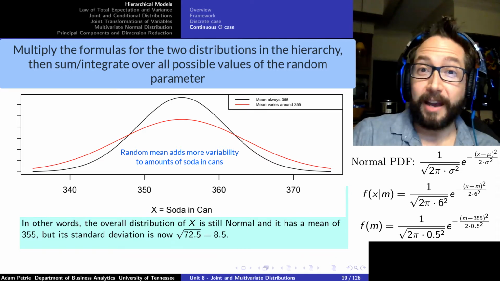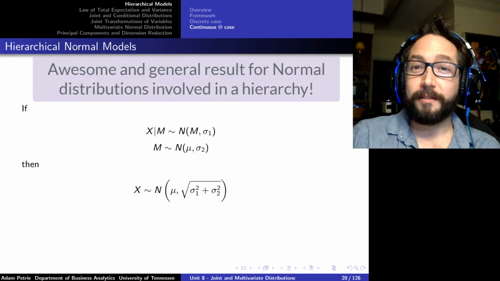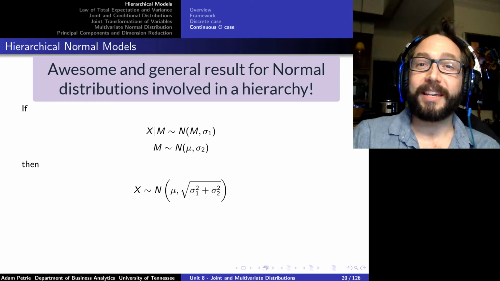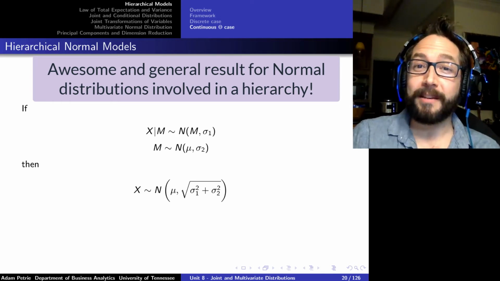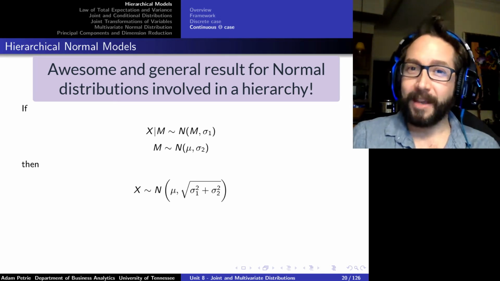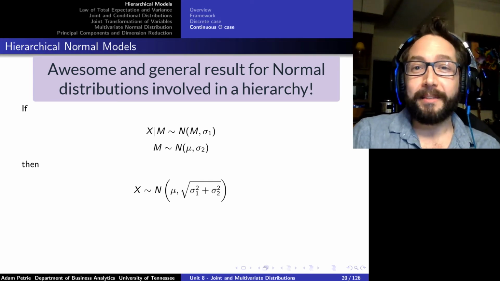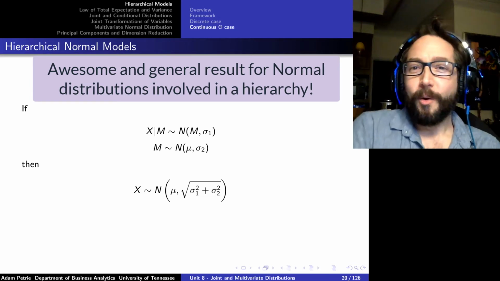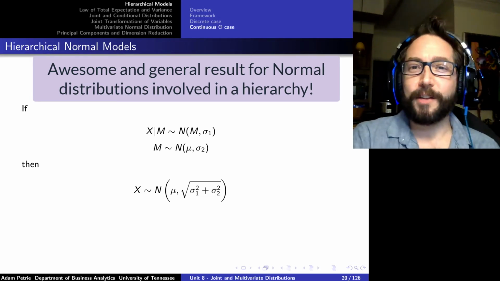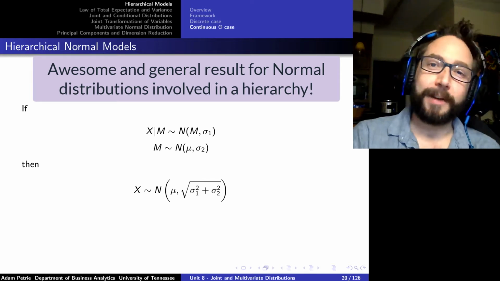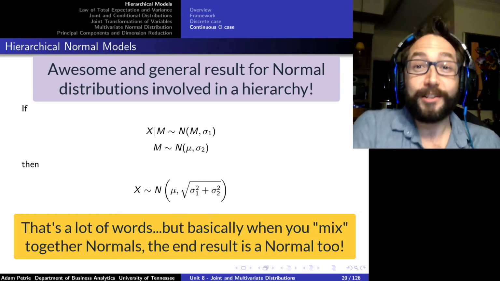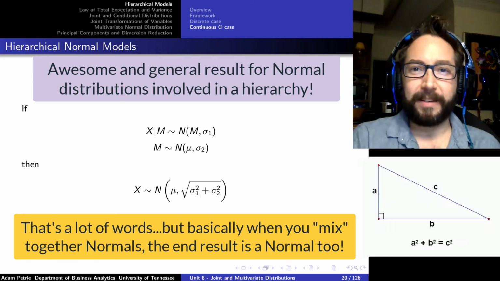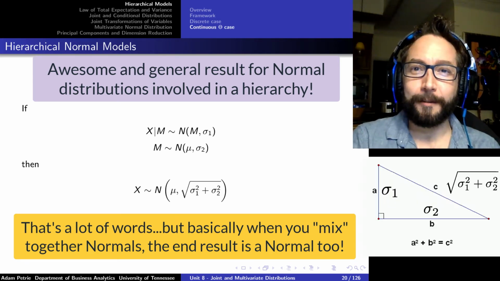So specifically, how does that work? Well, there's the very general following result: if we do have the following hierarchy, where the conditional distribution of X given the mean is normal with a mean of M and a standard deviation of sigma 1, and that mean M is a random number from a normal distribution which has a mean of mu and a standard deviation of sigma 2, we can immediately write down that the marginal distribution of X is also a normal with a mean of mu and a standard deviation that is found from the Pythagorean theorem.